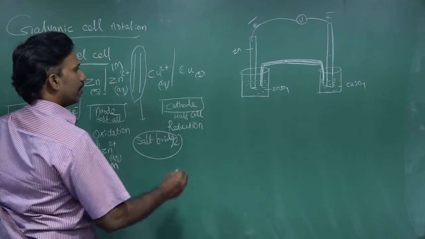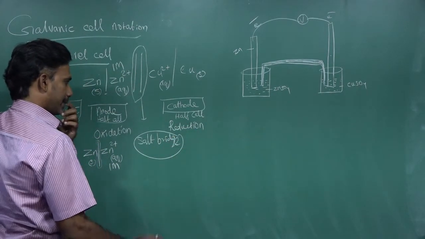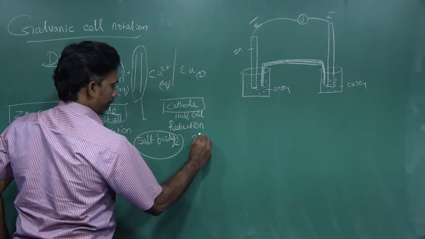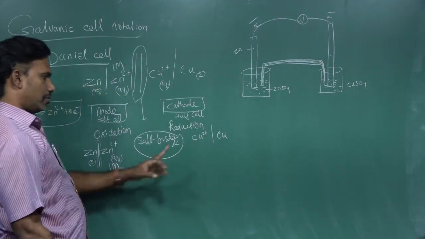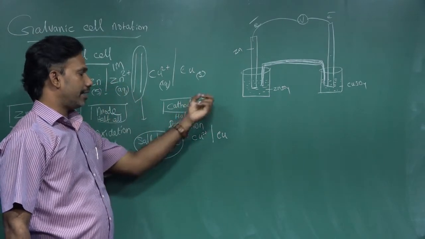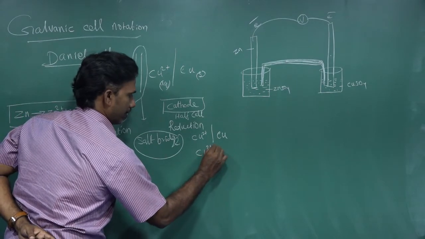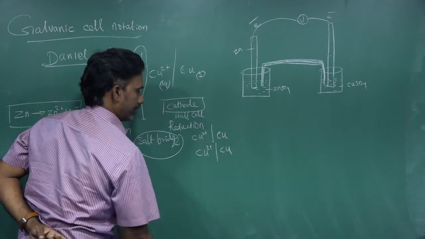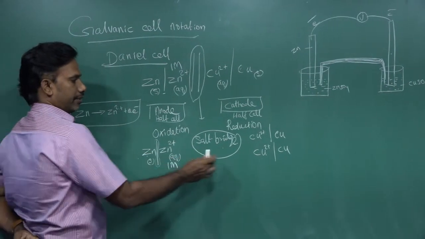Now come here. While writing the cathode side, what happened? Reduction means Cu2+ becomes Cu. So here also metal ion and metal. While writing the cathode compartment, you always write the metal ion first, then the metal, whereas in the anode it is metal first, then the metal ion.